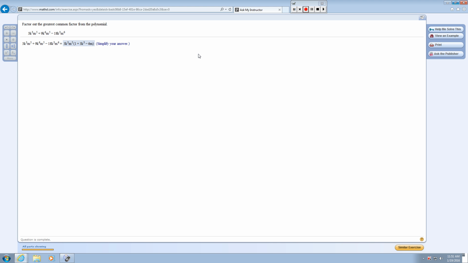All right. Factor out a common term. FOCT. Do not pronounce it outside of class. And that is factor out a common term or factor out a common multiple.